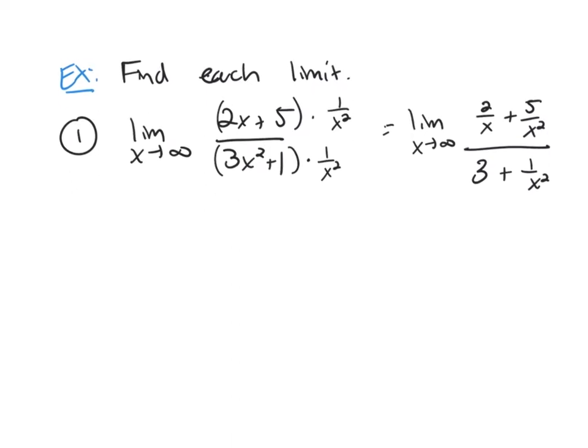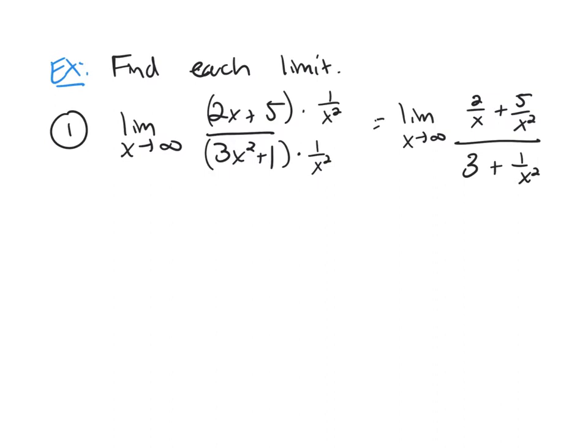And if I look at the limit of each piece now, in the top, the limit of 2 over x is 0. The limit of 5 over x squared is also 0. In the bottom, 3. And then the limit of 1 over x squared is 0. So I'm getting 0 over 3, or 0. So there's my first one.